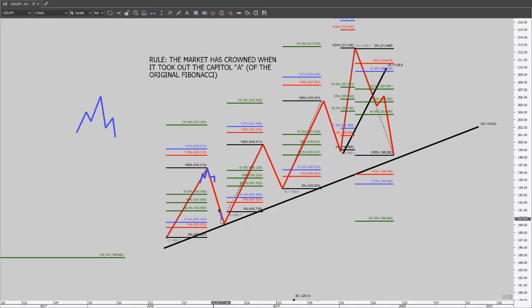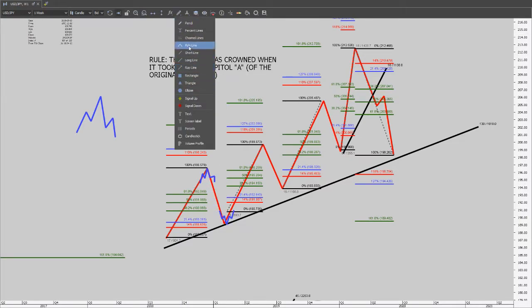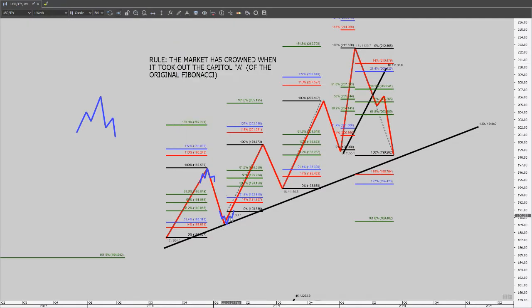The market is going to crown at the C, right? Why is that? Well, because when the market hits the appropriate extension, this C is going to become the new A, and the market is going to crown at the B high again.